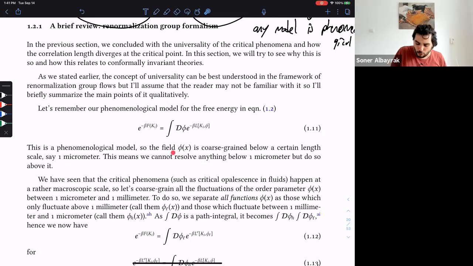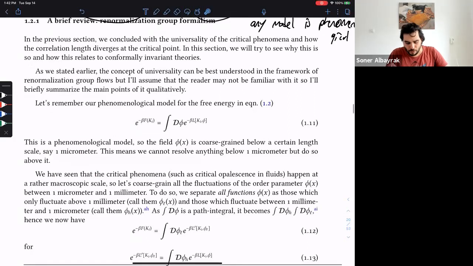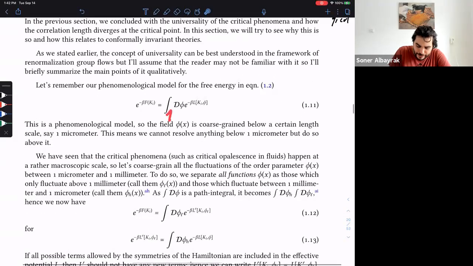So it's called coarse graining below a certain length. It integrates out all the details. It ignores all the details below a certain length. And in this case, let's call it 1 micrometer. So we assume this integrates out all details below 1 micrometer. Good. Now here's the thing.